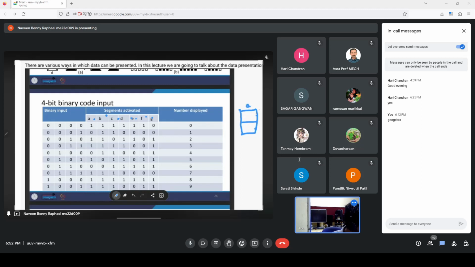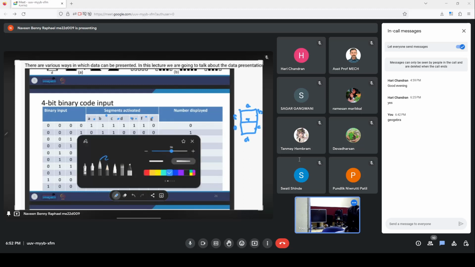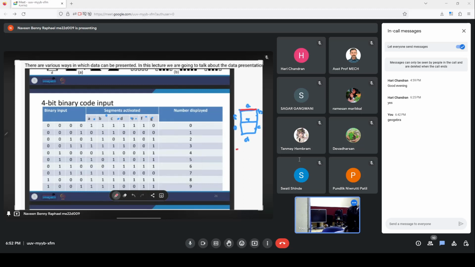So it's essentially A, B, C, D, E, F, G. For 2 you need this: A is highlighted, B is highlighted, G is highlighted, E is highlighted, D is highlighted, and that's basically it.